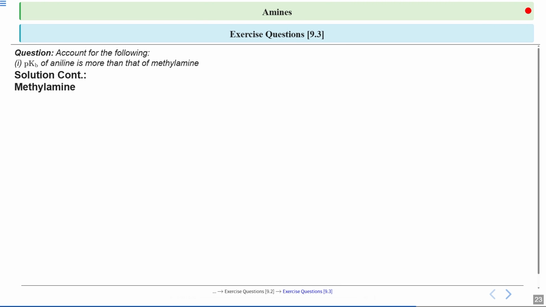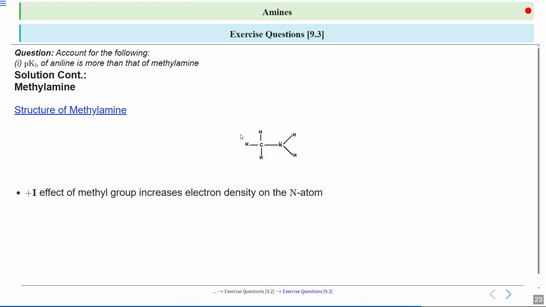Now, moving on further, if we talk about methylamine, this is the structure of methylamine. To this nitrogen, 2 hydrogens and 1 methyl group are attached. Over here, the plus I effect of the methyl group increases the electron density on this nitrogen atom, which enhances its nucleophilicity as well as its basicity.